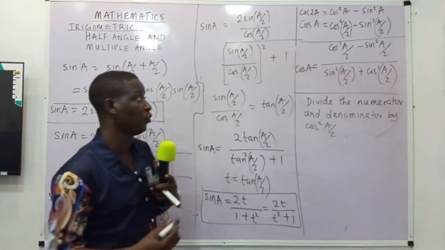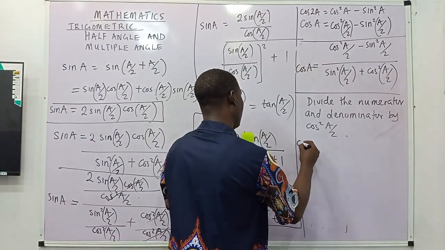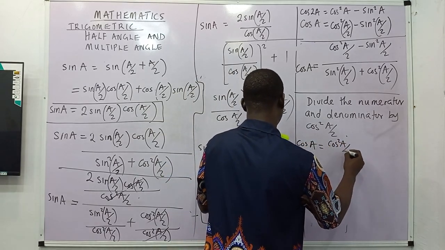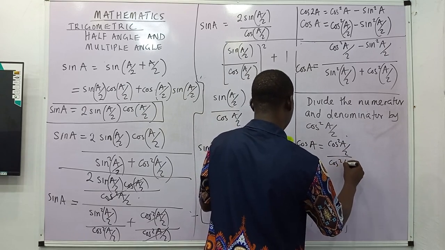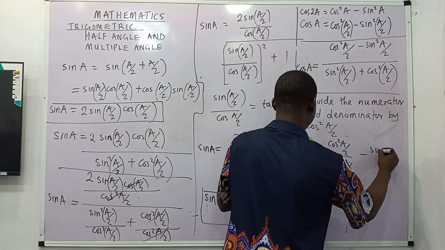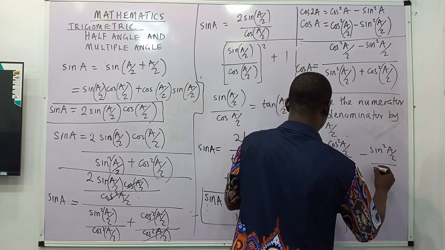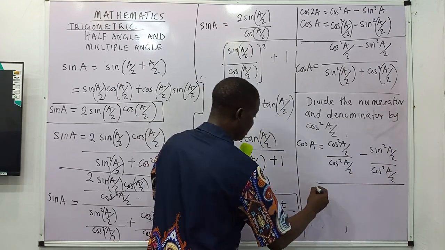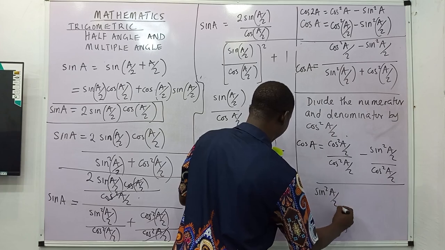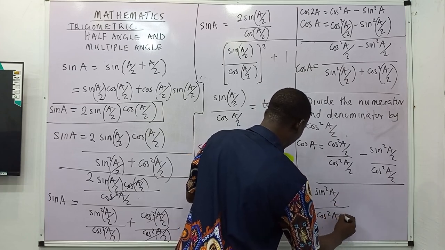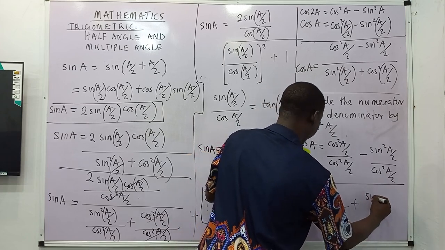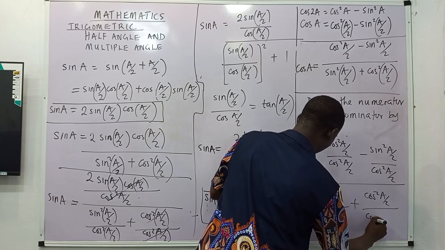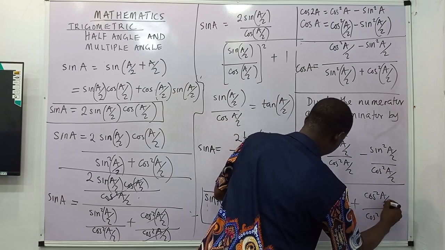Cos A equals cos square A over 2 over cos square A over 2 minus sine square A over 2 over cos square A over 2. We have done that for the numerator. Then the denominator was sine square A over 2 divided by cos square A over 2 plus cos square A over 2 divided by cos square A over 2.